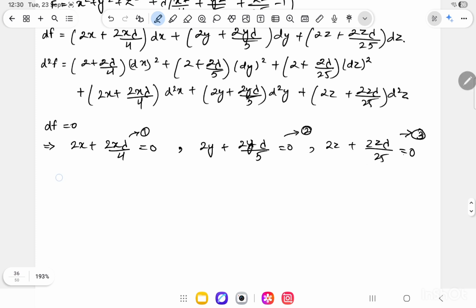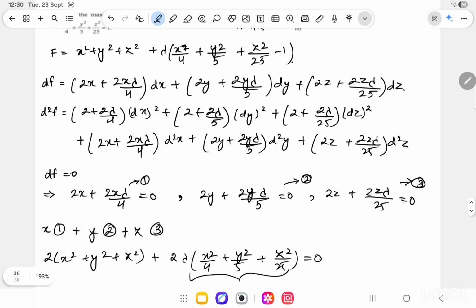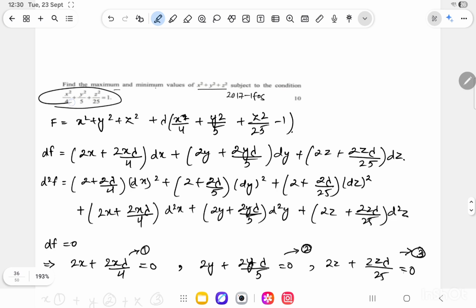Now if I multiply equation 1 with x, equation 2 with y, and equation 3 by z, and add these equations, I'll be left with 2 into (x² + y² + z²) + 2λ into (x²/4 + y²/5 + z²/25) = 0, and this term is basically equal to 1 using the given condition in the question.